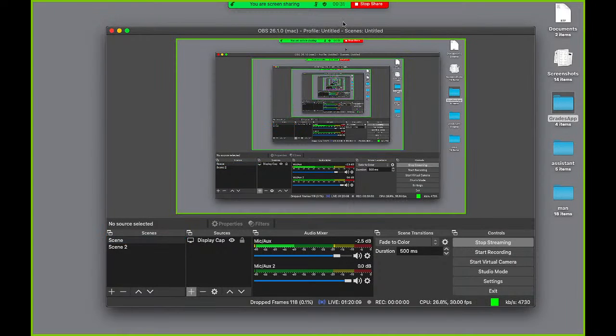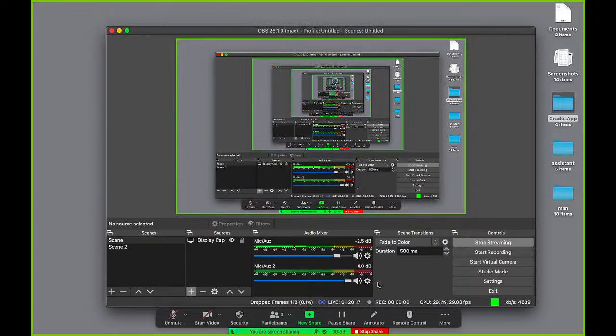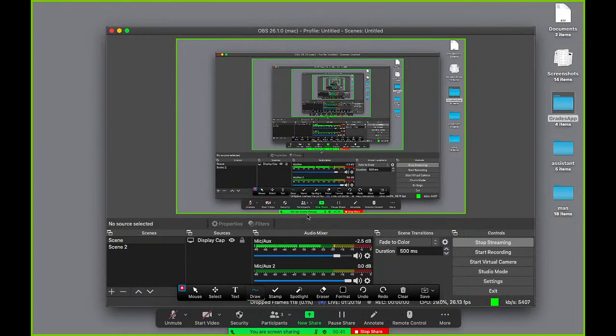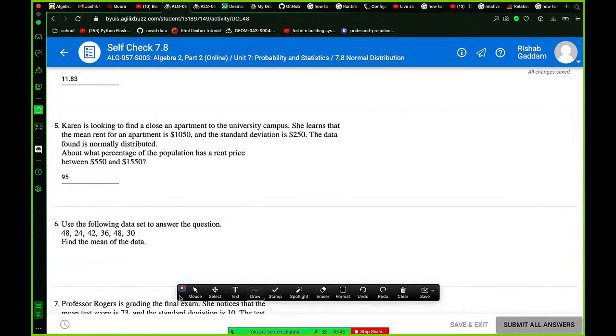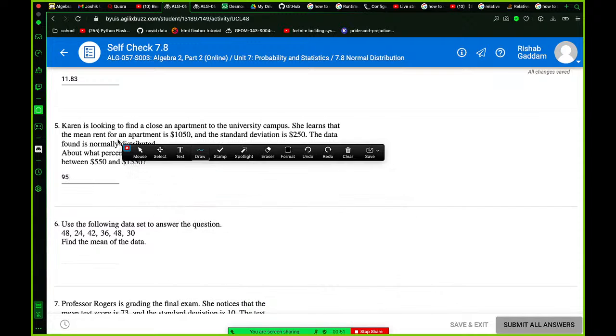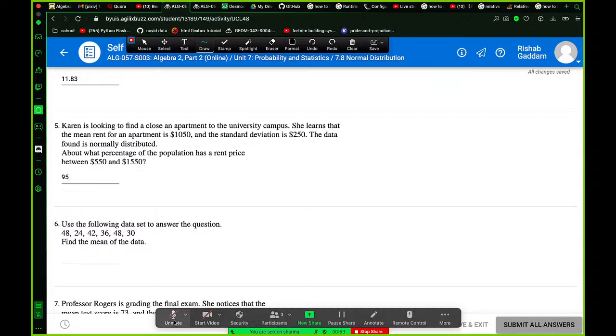There we go. Let's bring up the old annotation tools and start doing this again. I just have to unmute myself.